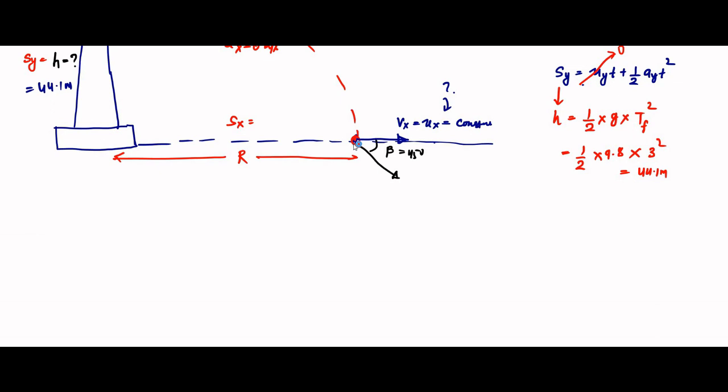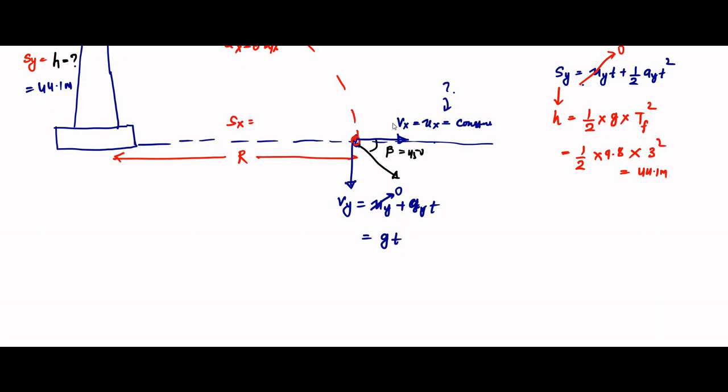And the vertical component keeps on increasing as per the relationship uy plus ay t, which is equal to, here uy is 0 because the initial vertical component is 0. So this becomes g into t.